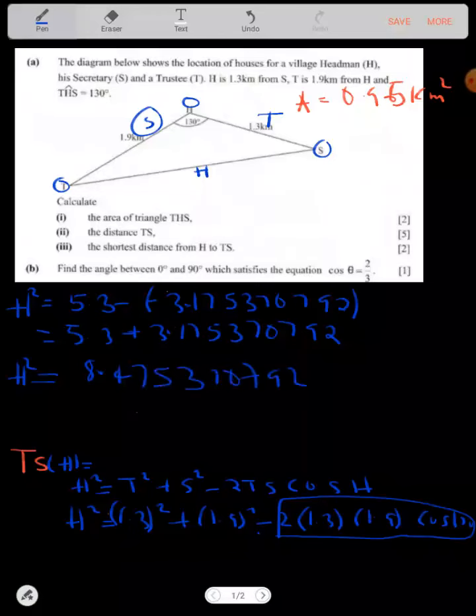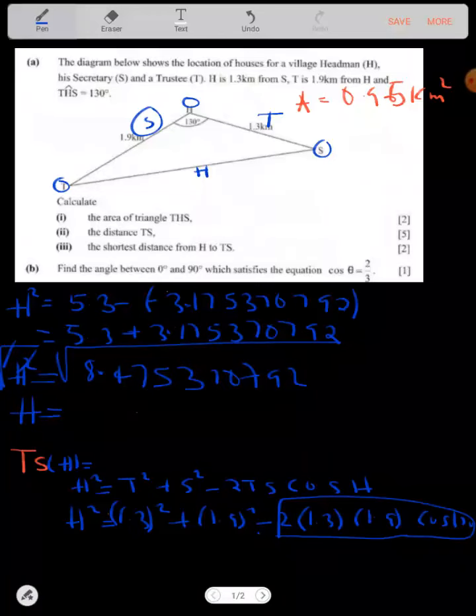To remain with H here, we're going to introduce the square root on both sides. So we cancel, remain with H. The square root should give us 2.91 kilometers.